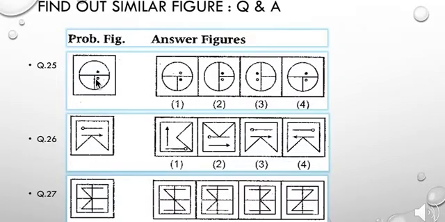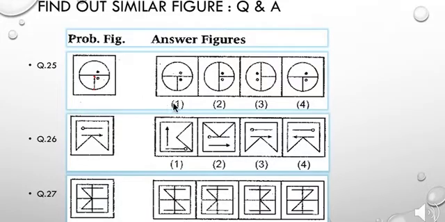The other line starts from this point and reaches till here, and on the upper side of the circle there is a black dot, on the downside there is a small circle.